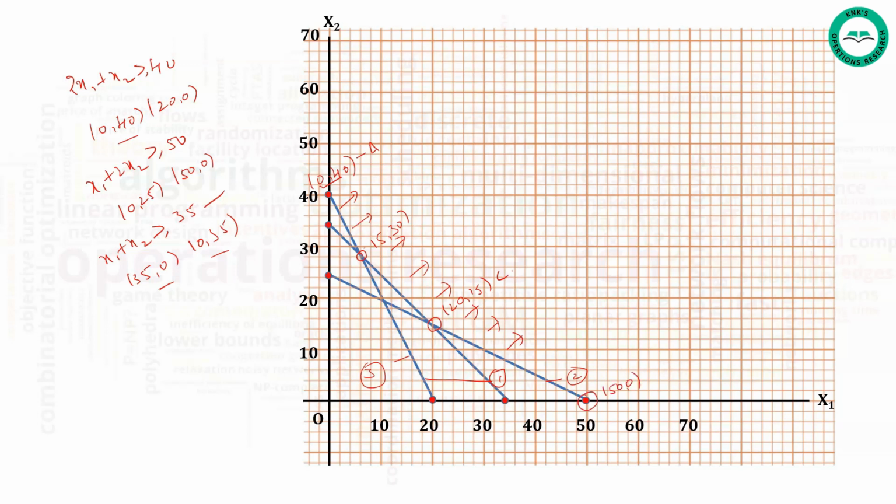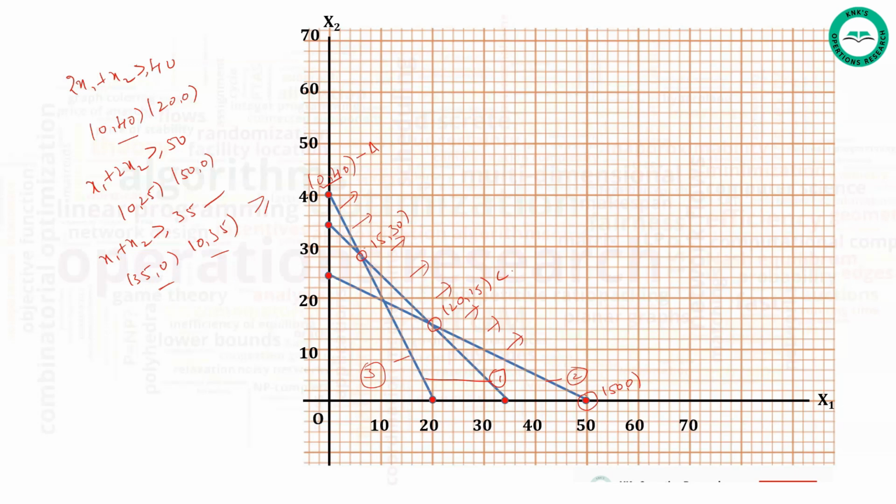Here the feasible region is away from (0, 0) because the constraints are greater than or equal to. So the feasible region will lie above the lines only.